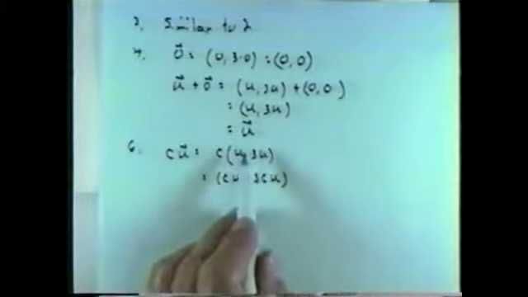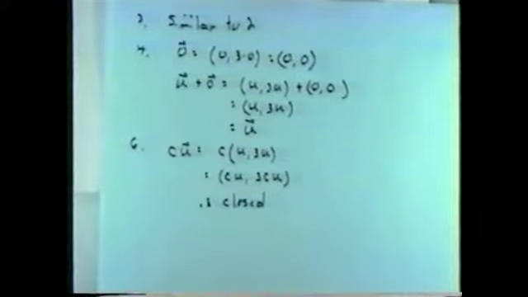When I multiply c times u, c times 3u would be 3cu. Well, this also satisfies the pattern, so therefore closed. Just let cu be x. So I have x, 3x, satisfies the pattern, so therefore property 6 is closed.